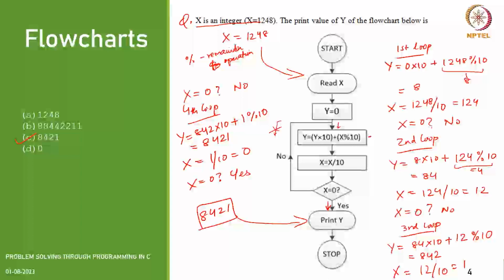It gives you the algorithm for reverse of the number, or let me write, reverse of the integer. So you entered an integer which was 1248, and you get the exact reverse of the integer as the output. So this flowchart is the algorithm for calculating the reverse of an integer.